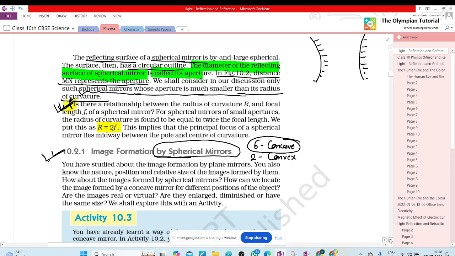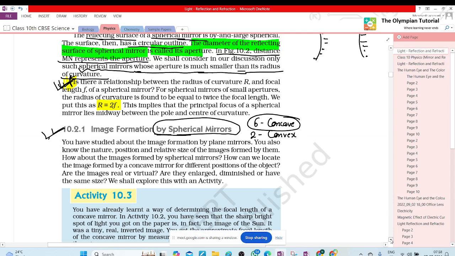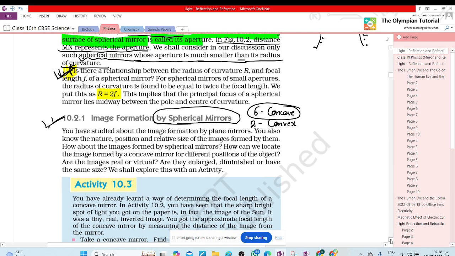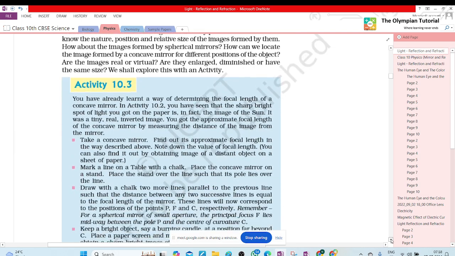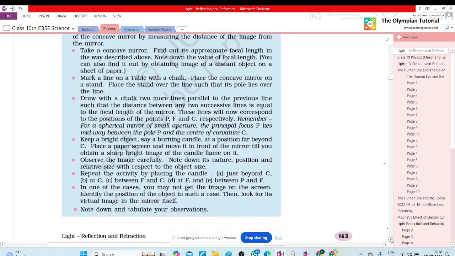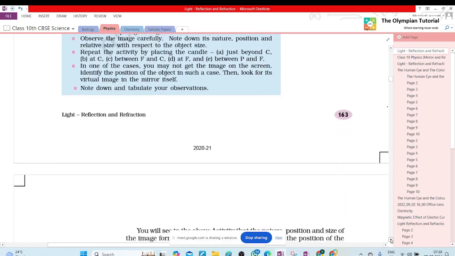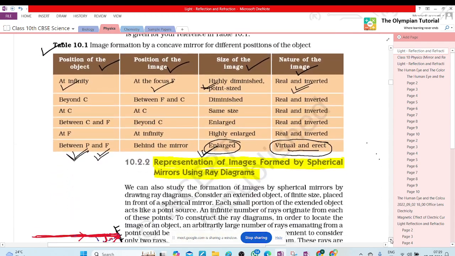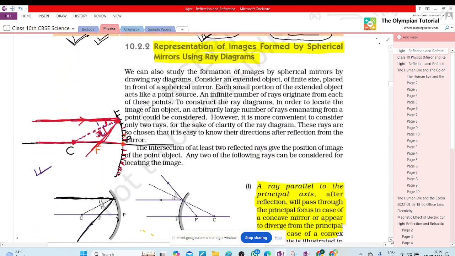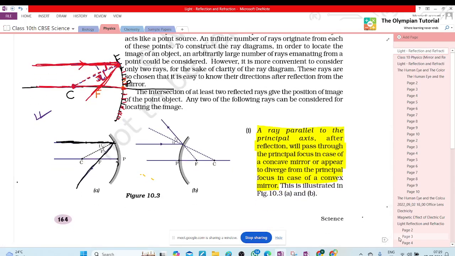Next is image formation by spherical mirrors. So 6 cases we will study for concave mirror and 2 for convex mirror.